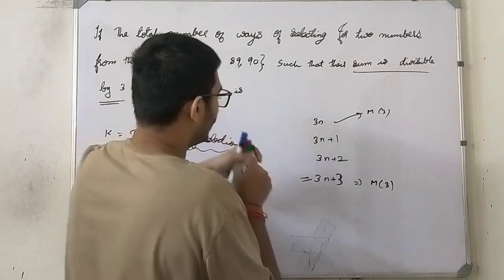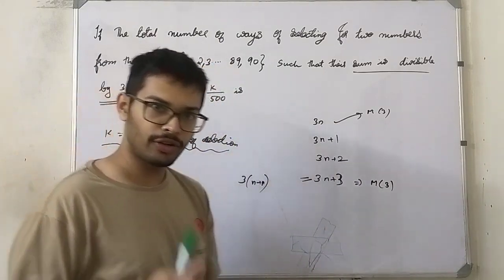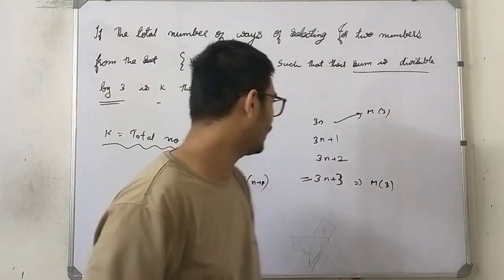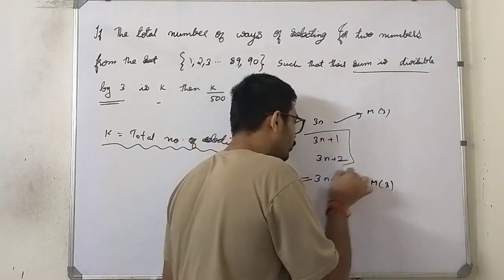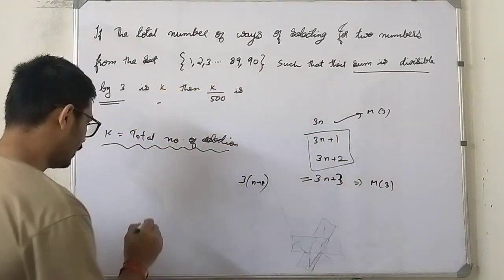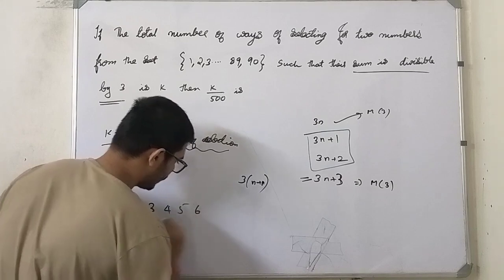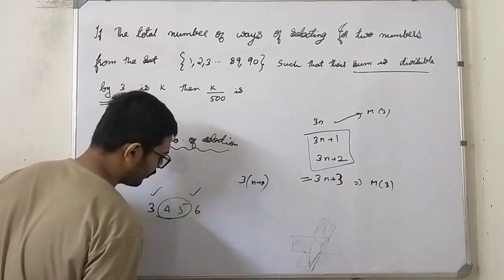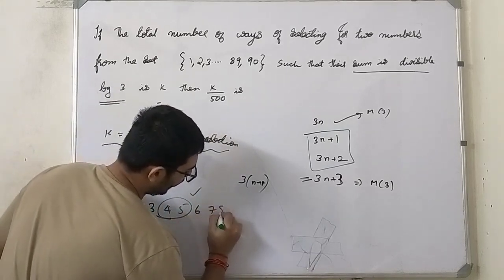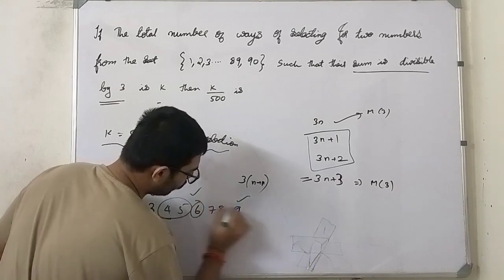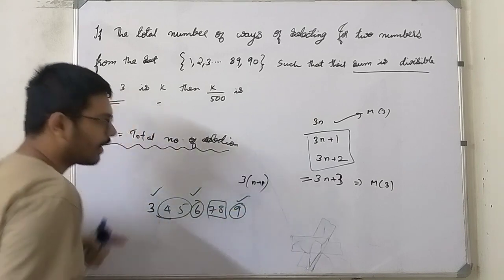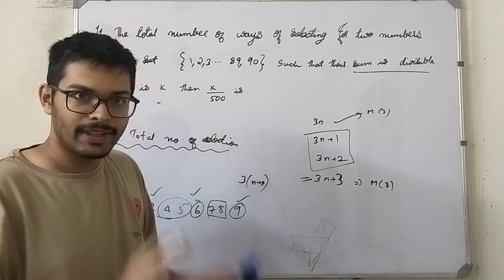Which means whenever we come across two consecutive multiples of 3, there will always be two numbers in between. For example, 3, 4, 5, 6. See, two numbers between the two multiples of 3. 7, 8, 9. When we take two consecutive multiples of 3, there will be two numbers in between.